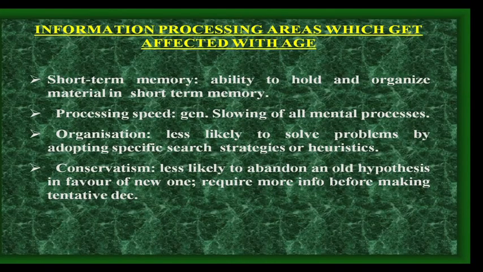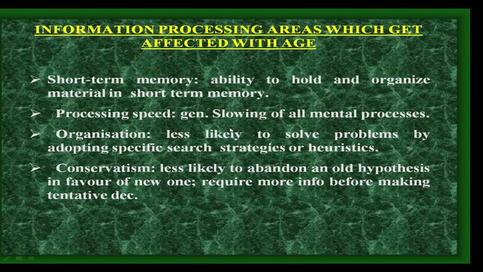Earlier findings show that short term memory only lasts for 15 to 20 seconds, although the trend is changing nowadays. Short term memory is otherwise known as working memory. It is likely to be affected if it is not maintained properly. It is the ability to hold and organize material on a short term basis.